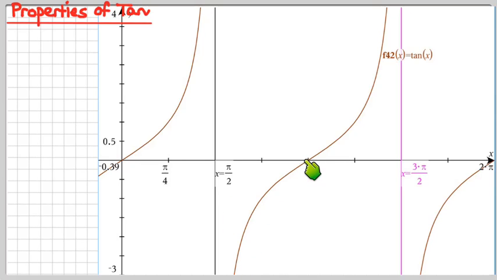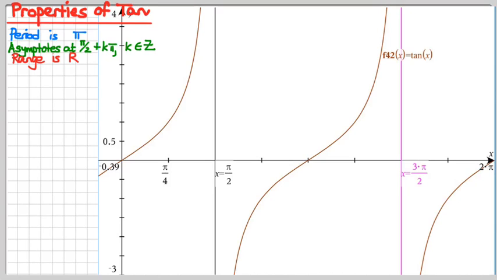That is one period. So you can see that tan does not have a period of 2 pi. Tan x, or tan theta, just has a period of pi. The asymptotes are at pi on 2, and then every period after that, positive or negative. And the period is pi. So, yes, makes sense, doesn't it?